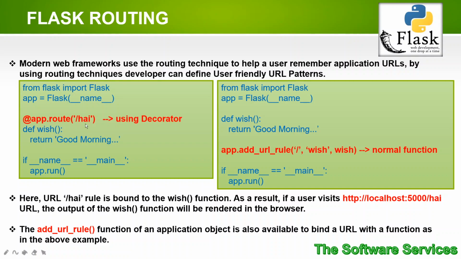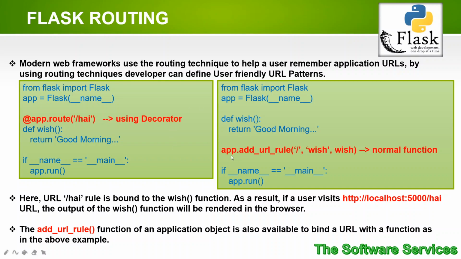Okay friends, and then the same functionality can be given with a normal function also. Without using a decorator also we can route to a function. We can map a particular URL to a particular function. That is by using app.add_url_rule, friends. First let me discuss all these code snippets, and then I will show it to you practically, friends.